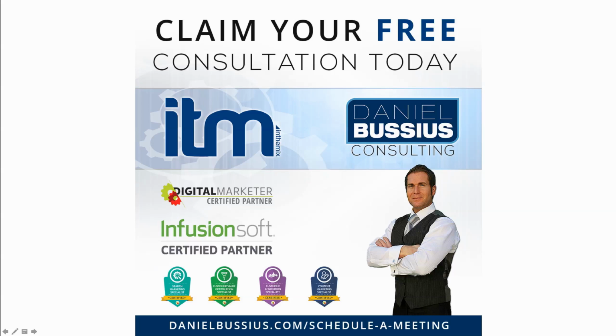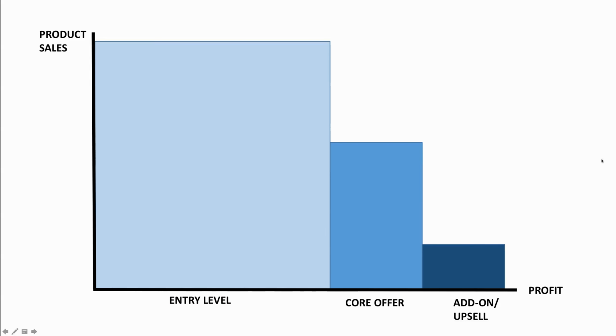So the first thing that I'm going to cover for you is, if I can get my PowerPoint to move, there we go, the Ascension Path. For those of you who aren't familiar with an Ascension Path, basically you've got entry-level products, over here on the left-hand side of my graph.